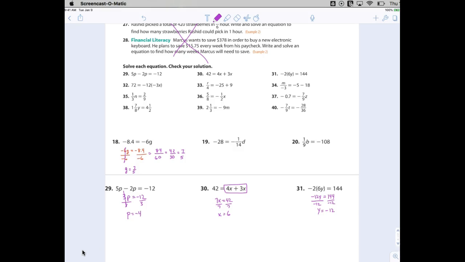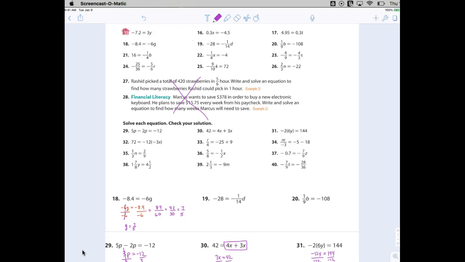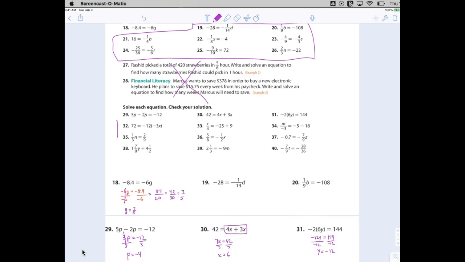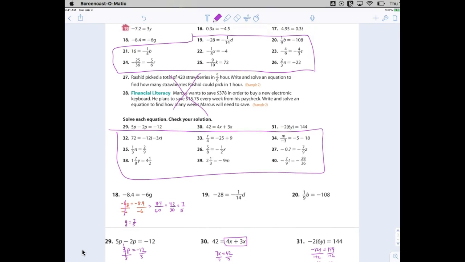That's not that much. You're just finishing up. So if you want, you can put on your paper 19 through 26 you got to finish, and then 32 through 40. Yeah, get busy right now.